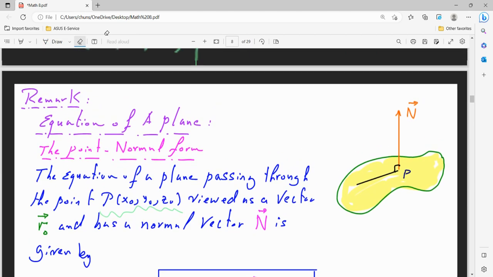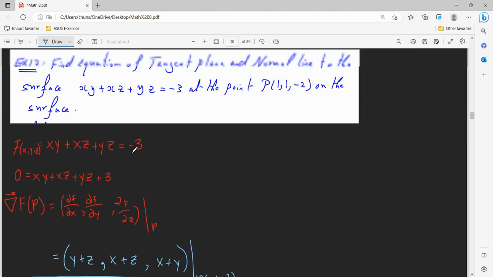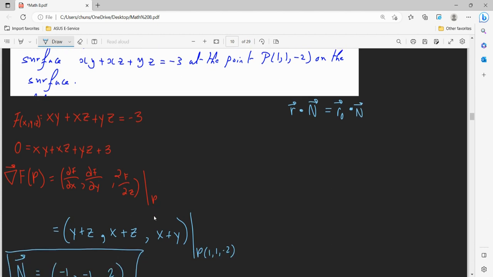And going back a couple slides, this is the equation that we use to define a tangent plane. So if we were to write this out, this is r dotted with our normal vector is equal to r naught, our point, dotted with our normal vector. This r here is just going to be x, y, and z.